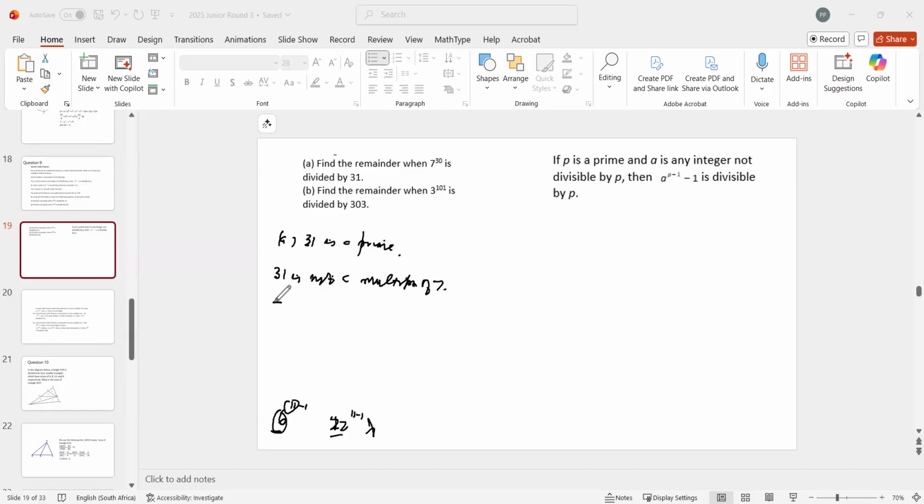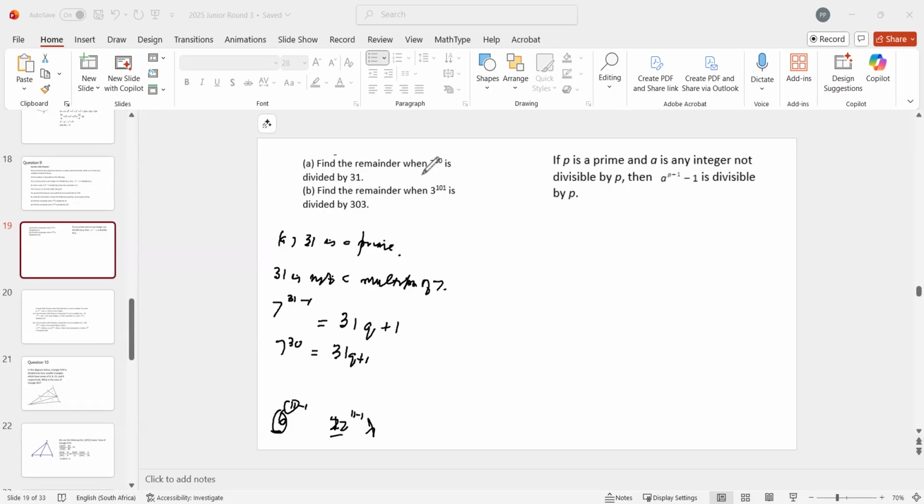So therefore, Fermat's theorem says that 7 to the power of 31 minus 1 is equal to, here you've got 31, a prime, 31 times the quotient plus 1. So therefore, 7 to the power of 30 is equal to 31q plus 1.